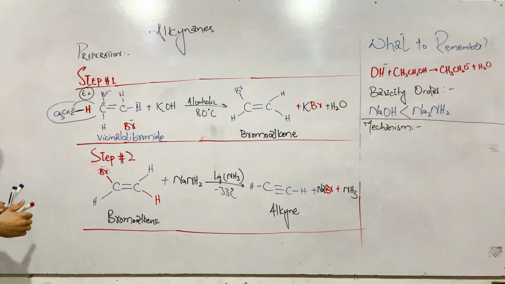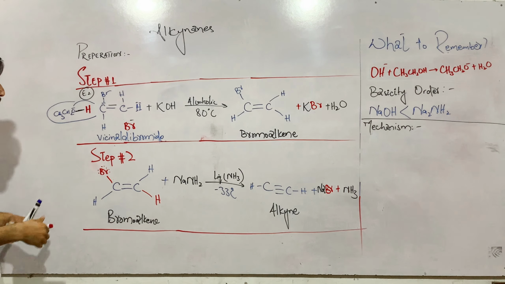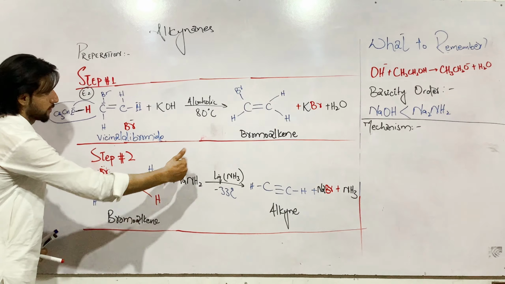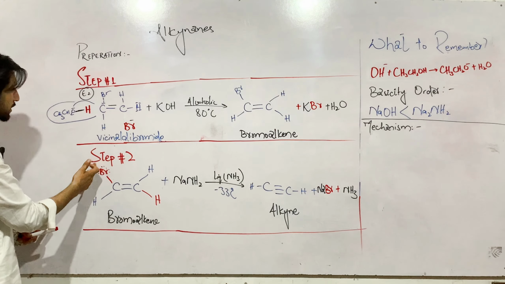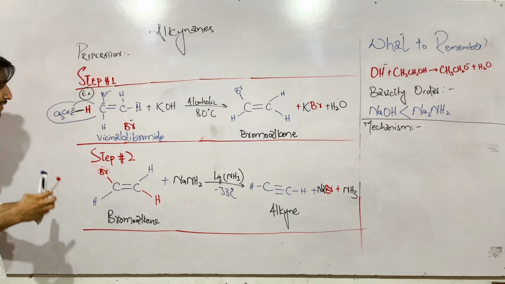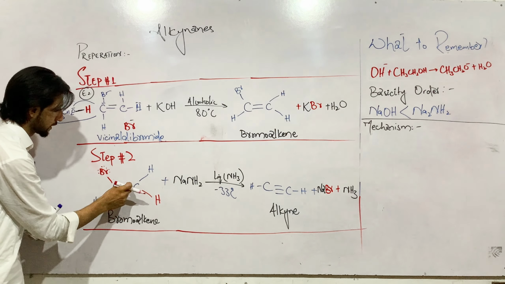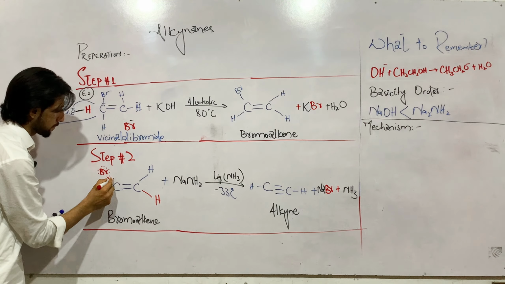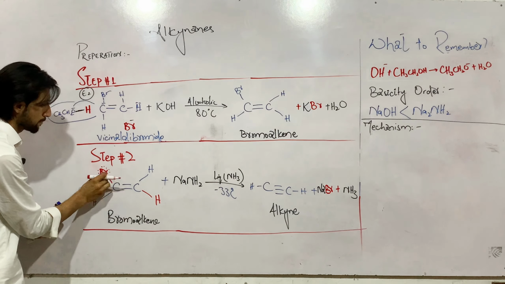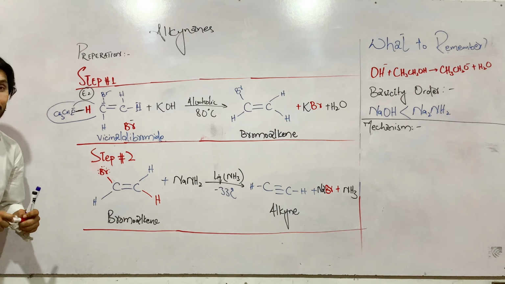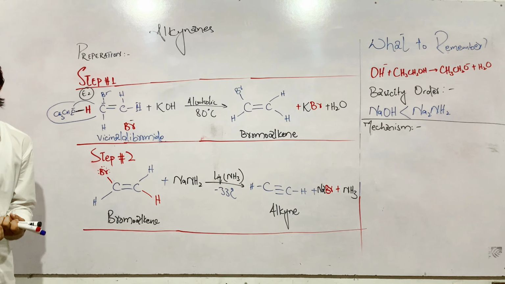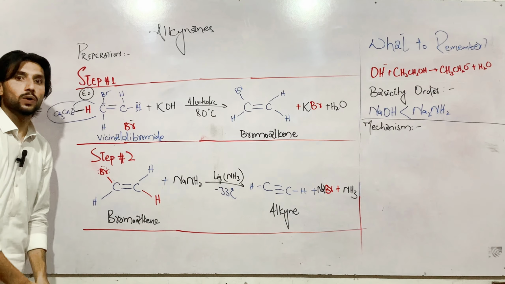In the next step, we could have taken KOH again in alcohol, but this bromine is not going to leave so easily because it is in conjugation with this double bond. So there is a partial double bond character in this bond. This is not a simple single bond between a carbon atom and a halogen atom. So what happens?